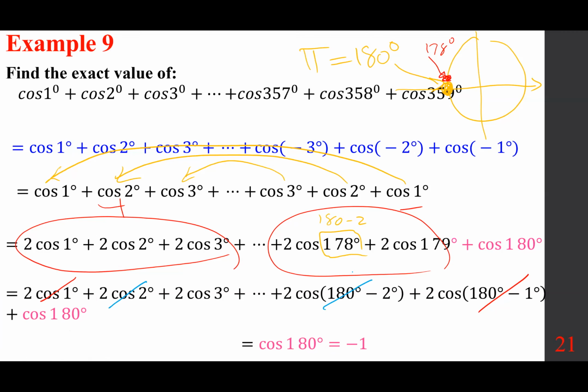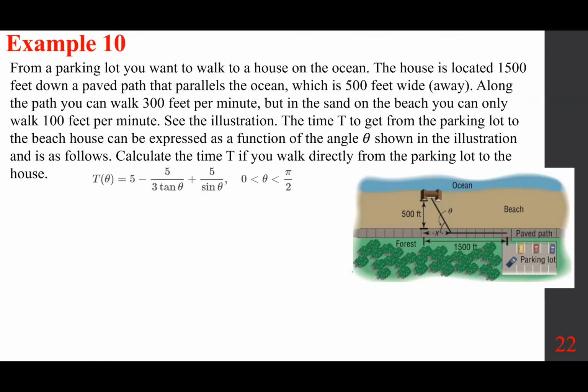I want to look at the last one. From a parking lot, you want to walk to a house on the ocean. The house is located 1,500 feet down a paved path that parallels the ocean, which is 500 feet wide.